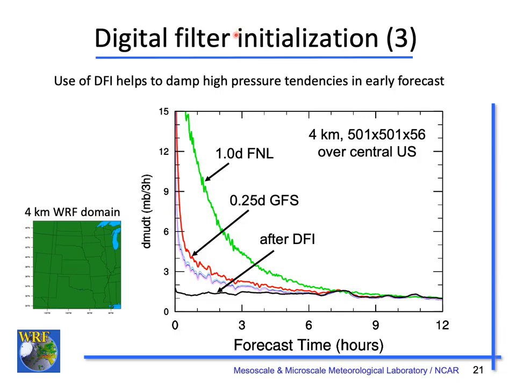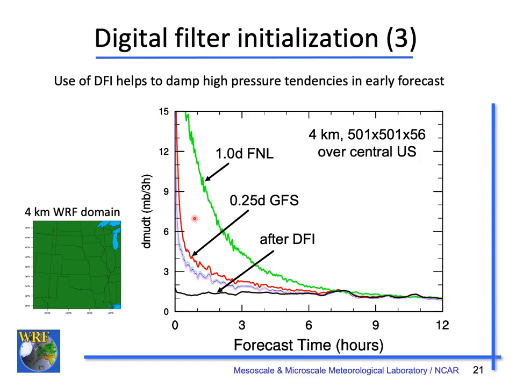We can also see that if we start the model with higher resolution GFS data, the quarter degree GFS, as represented by the red curve here, rather than the 1 degree one, as represented by the green curve here, there is a dramatic improvement in the adjustment the model has to make in the early forecast hours.